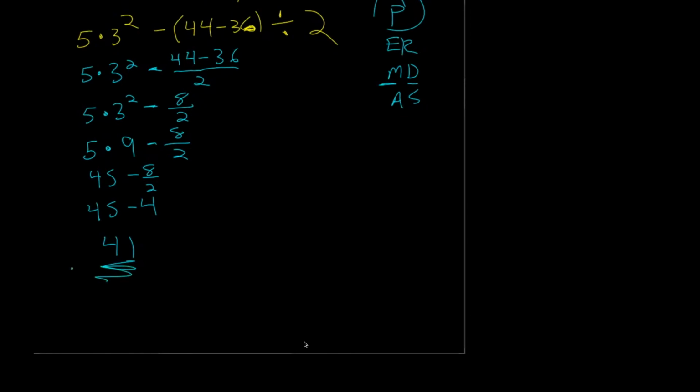So PEMDAS gives us the rules to communicate these quantities using these operations in an order. And that order is based off of how we develop those symbols. If I were to give you a quantity, PEMDAS would not naturally come out of it. It's something people had to invent to talk about the patterns in quantity.